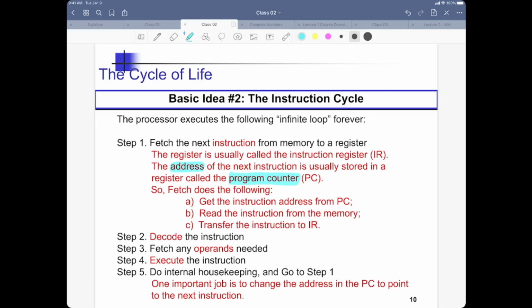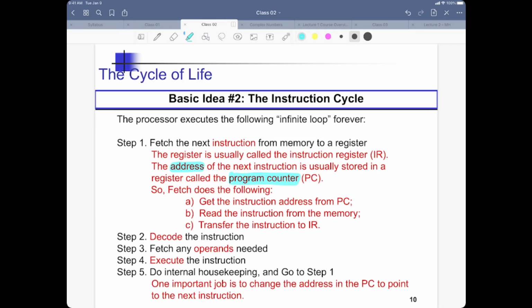PC is where everything starts, because that's where you need to look. One thing that is commonly a confusion here is that the program counter doesn't hold an instruction. It holds an address to the next instruction, so don't get confused with that.